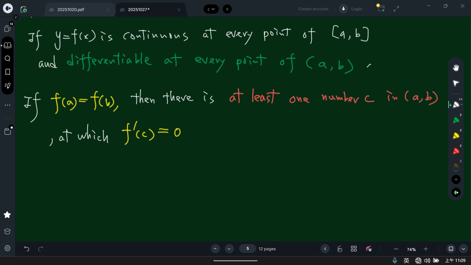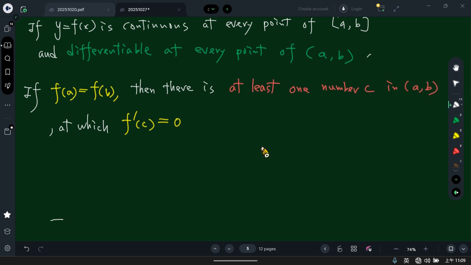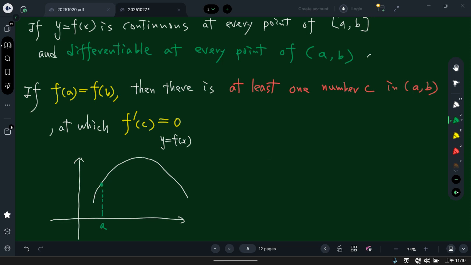Before we go to break, I can show you something like that. Okay, if there is a curve, this is y is equal to f of s. We just focus on some certain points A and B. We just know f of A and f of B have the same value.